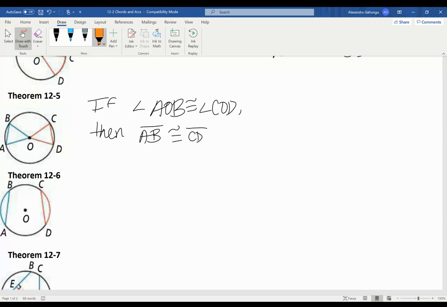So if the angles are congruent, then the chord, so the segment now, not the little arc, those are going to be congruent.